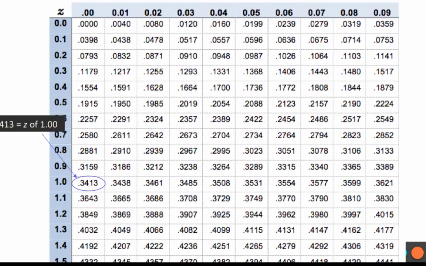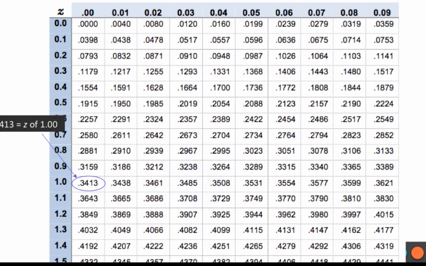Let's practice. Find the proportion of scores between the mean and 0.92. 0.3212. Between the mean and z of 1.03. 0.3485.